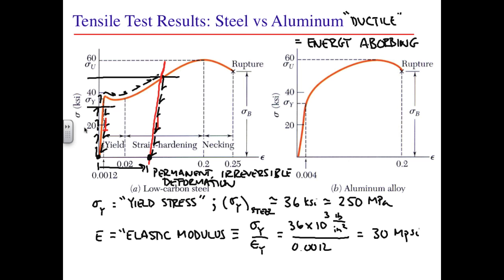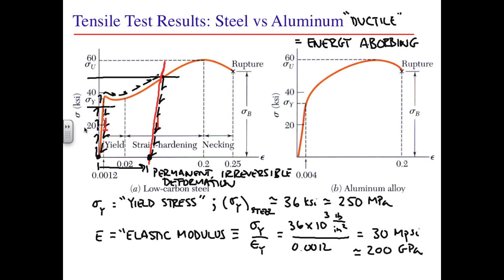And if we convert that to our SI units, that turns out to be about 200 gigapascal. For the aluminum, the same calculation gives a modulus about 1/3 that of steel, on the order of 10 million pounds per square inch, or 70 GPa, 70 gigapascals.